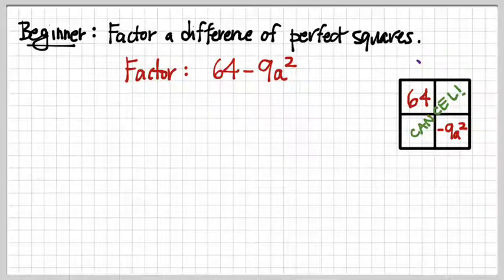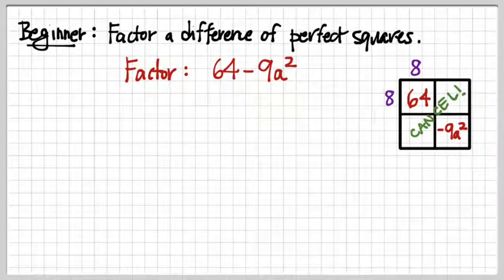Each of these two original terms happens to be a perfect square. 64 happens to be a perfect square of the number 8. And this is convenient because now whatever I get in this box is going to be 8 times something, and whatever I get in this box is also going to be 8 times something. So that's going to make it easier for us to ensure that the two terms in these boxes are equal and opposite, so that they cancel one another out.